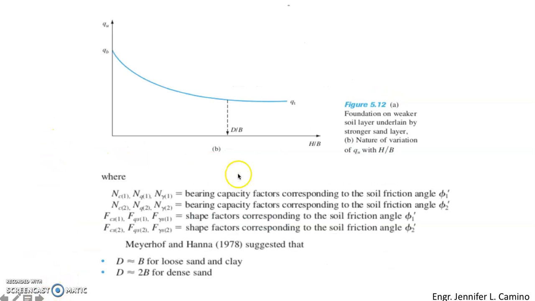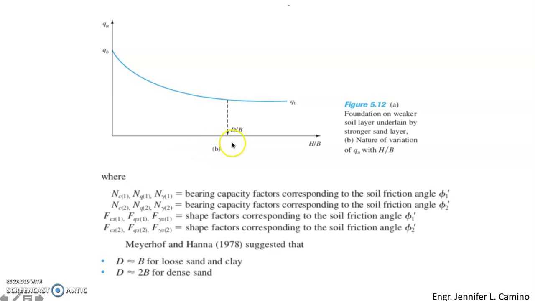So we have here the figure, foundation on weaker soil. This is an illustration for a foundation on weaker soil underlain by stronger sand soil. This one is a variation of the ultimate bearing capacity with the ratio of H over B. The figure presented a while ago illustrates the two-layered soil having a top soil that is a weaker soil and the bottom a stronger soil.